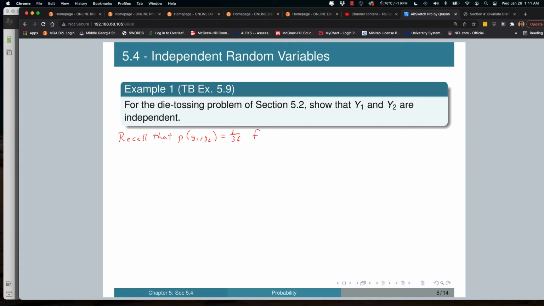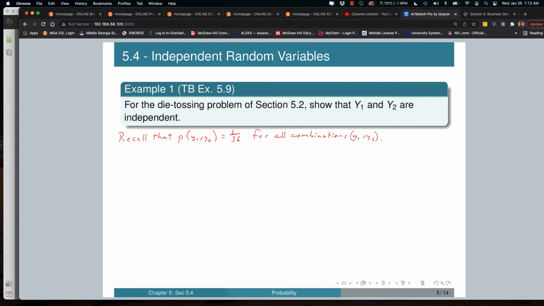And that's for all combinations of y sub 1 and y sub 2. That was true in any case.